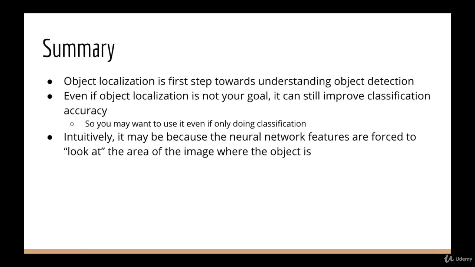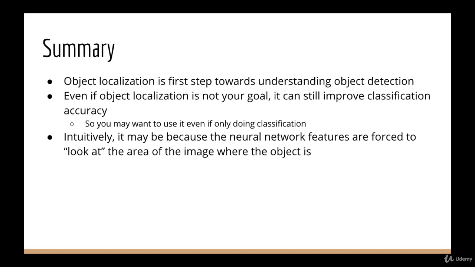So that's everything about object localization. To summarize, this is our first step away from the basic task of simple image classification. However, we are still far away from our final step. What's interesting is that even if object localization is not your goal, it has been shown in the past to improve image classification results.